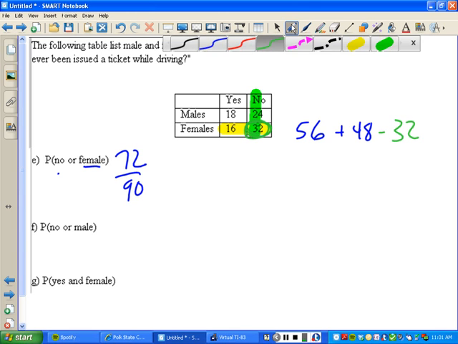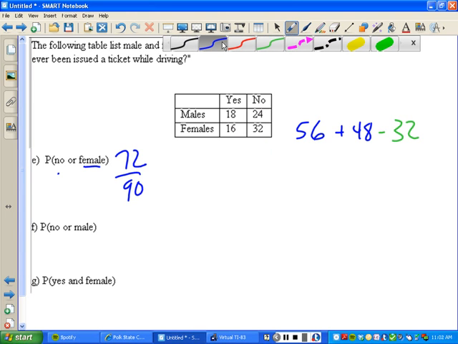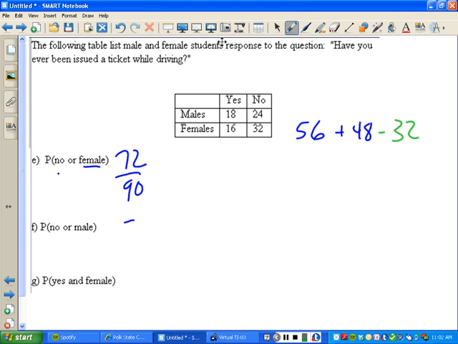Probability of no or male is, no is 56 and 18 is 74. How you doing so far?